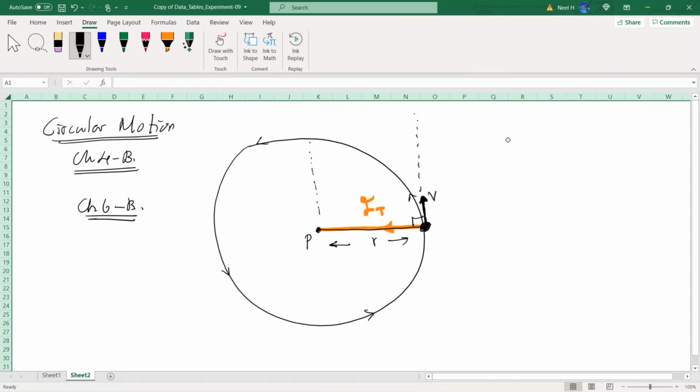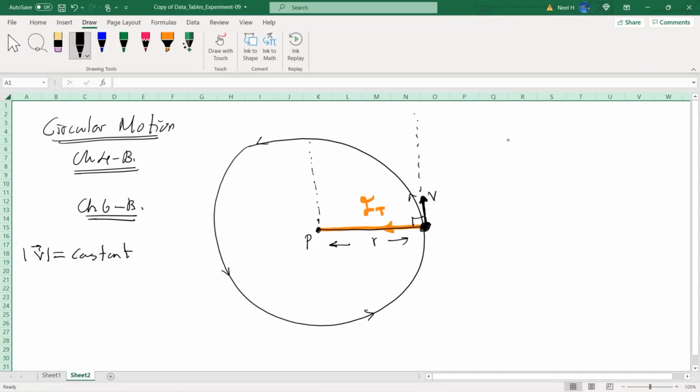Let's continue. We were talking about this tangent velocity direction. We assume one thing: the magnitude of the tangent velocity remains constant, which means magnitude-wise it doesn't have any effect, always remaining constant as a function of time.